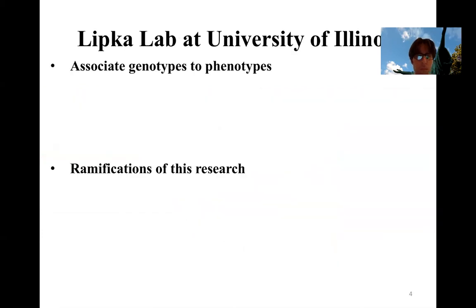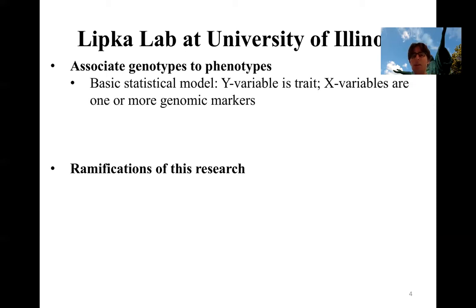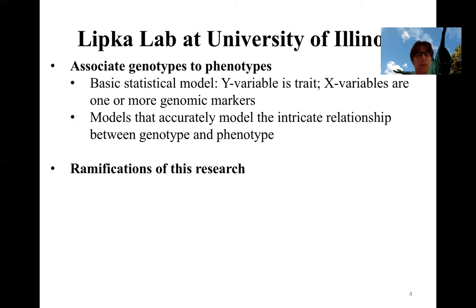To be clear, what we do at the University of Illinois is we use statistical models that associate the genotype to the phenotype. Our basic statistical model is this. We have an equation. We have a y variable and we have an x variable. Our y variable is the trait of interest, and our x variables are one or more genomic markers.